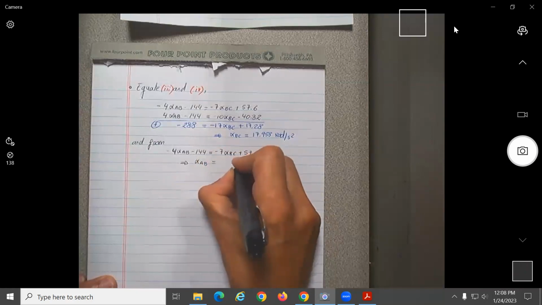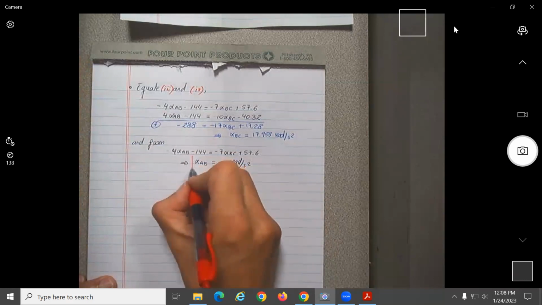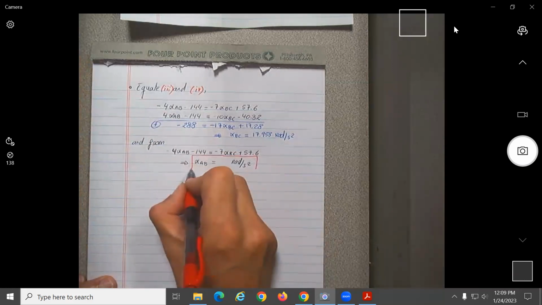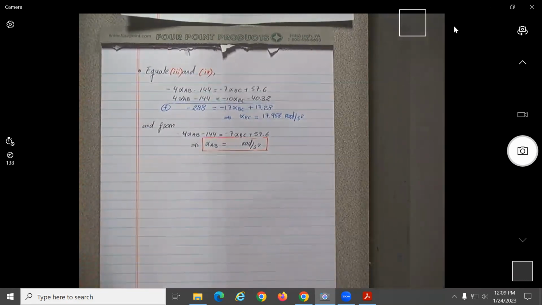Alpha AB will be equal to what? I mean, the best way to practice in class for you to do a promise is to do the calculations with me.